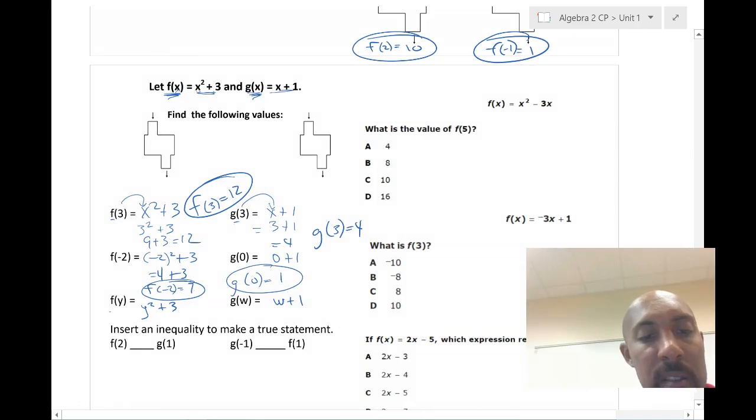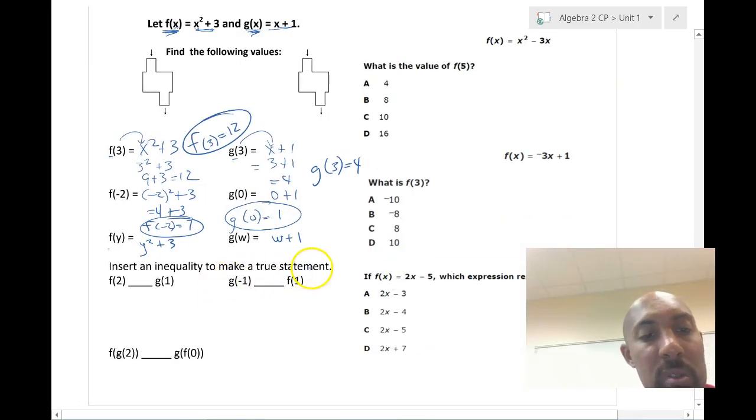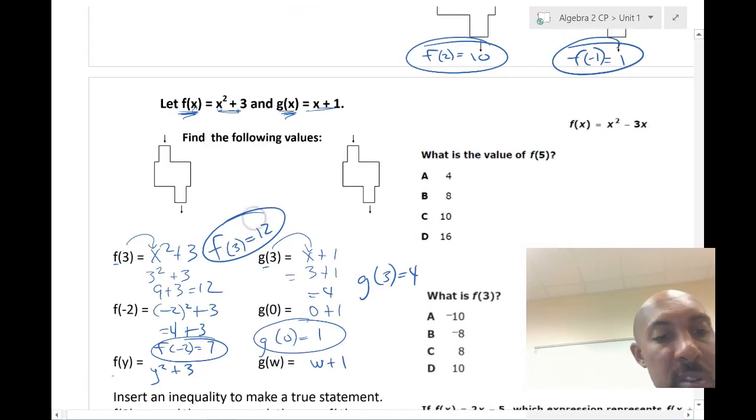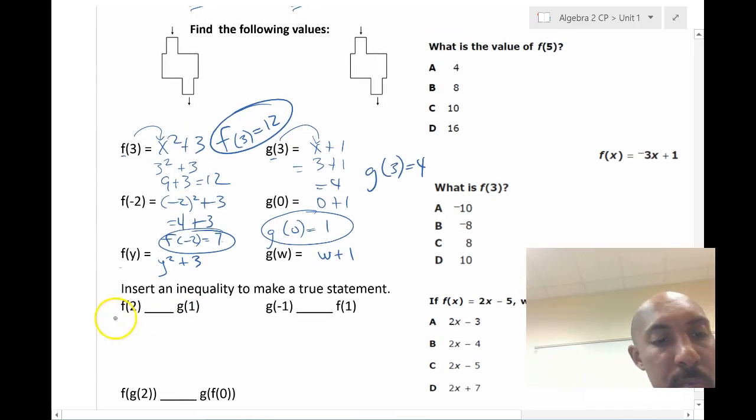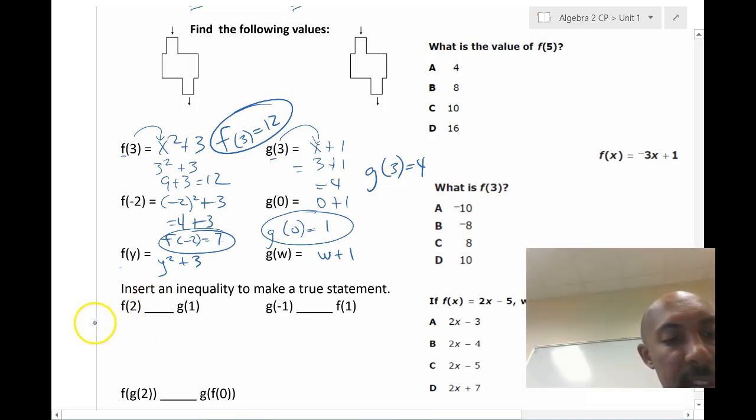And that's all you're doing. Okay, so now insert an inequality to make a true statement. What you're trying to do is first figure out what f of 2 is equal to, what g of 1 is equal to, and which one's bigger, or are they equal? So f of 2, I'm going to have to plug that in, so that's going to be 2 squared plus 3.